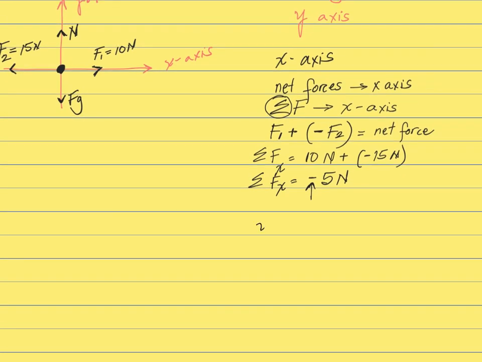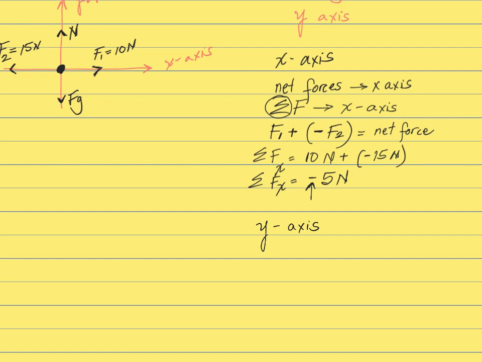Because when you apply that force on that object and you push it to the left, you have to apply your common sense. Is the object going to move up and down? No, it's going to move left or right, depending on the forces that you are applying.